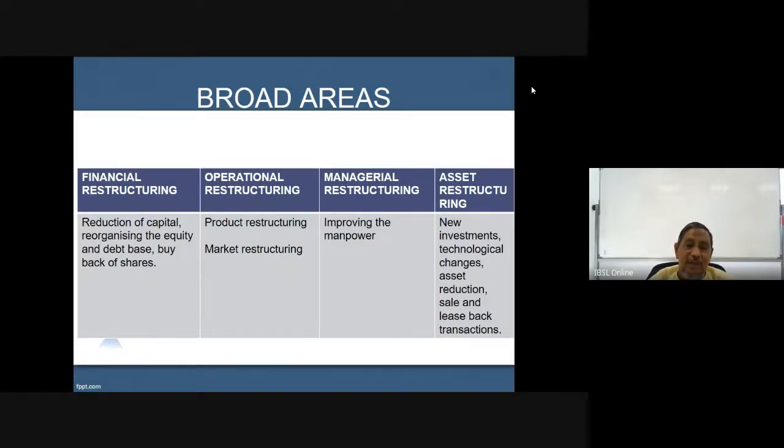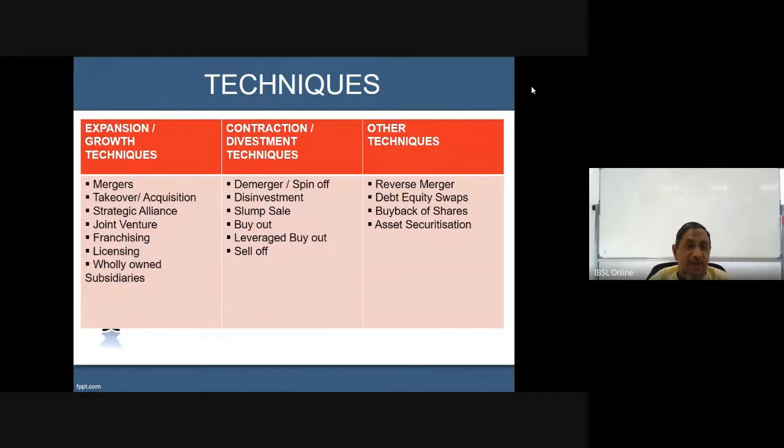Sell the assets and go for a leaseback transaction rather than buying assets, so it can reduce the asset levels on the balance sheet. So this is called asset restructuring procedures.